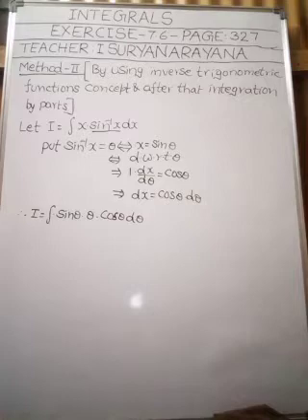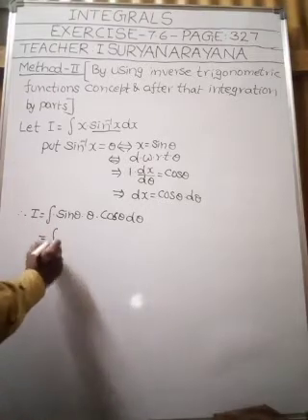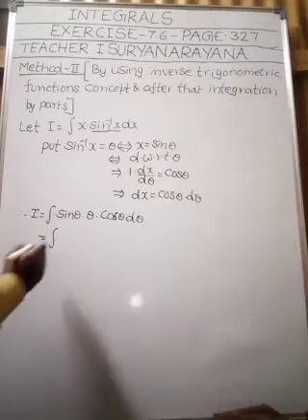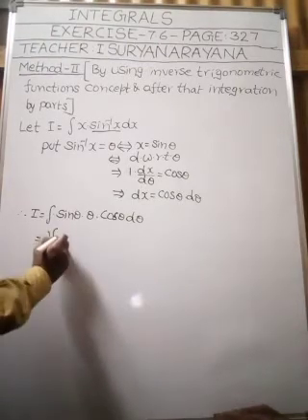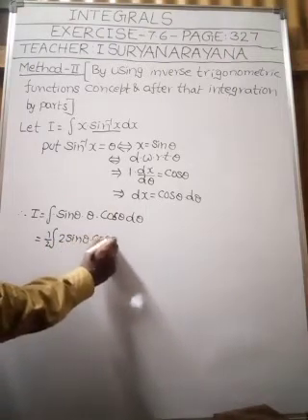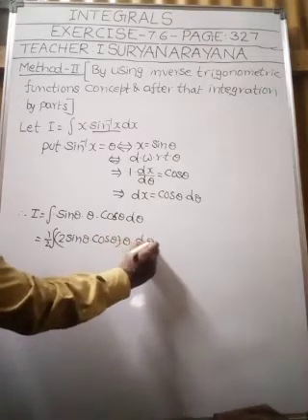Understood this step? Now, multiply and divide by 2. So 1 by 2 integral of 2 sin theta cos theta into theta d theta.